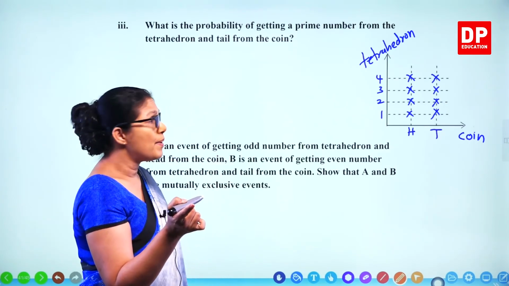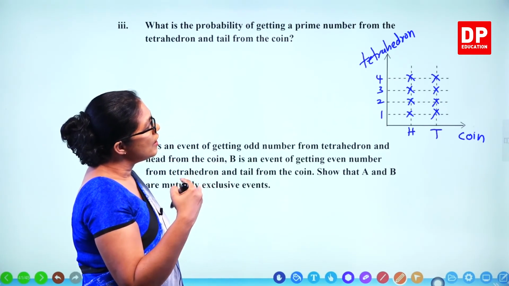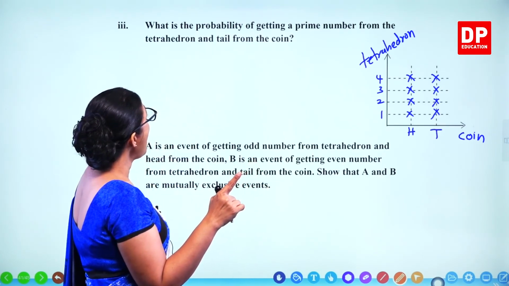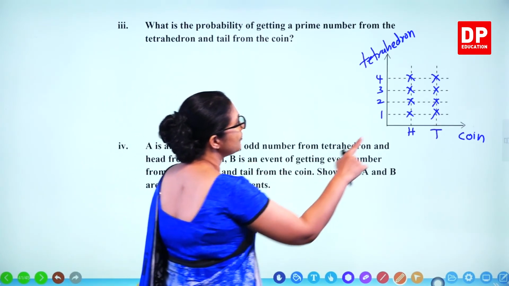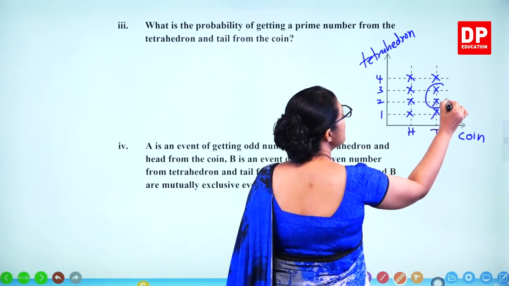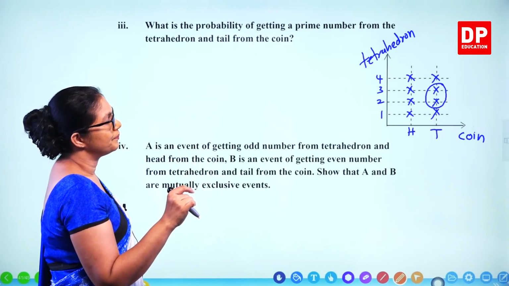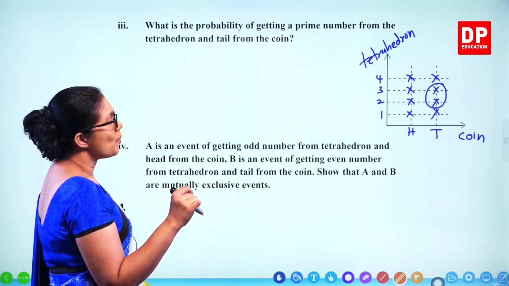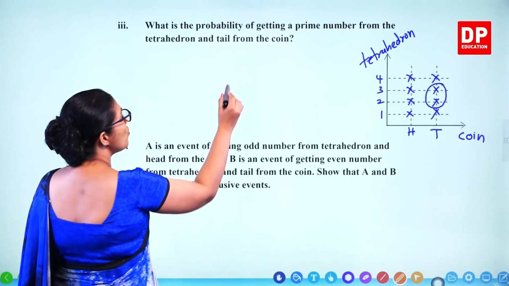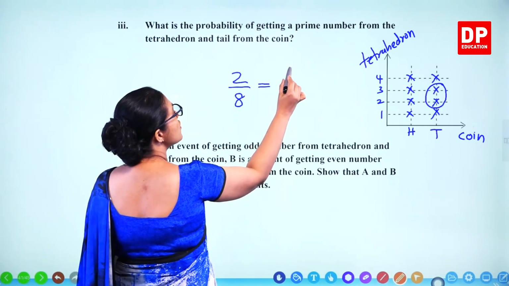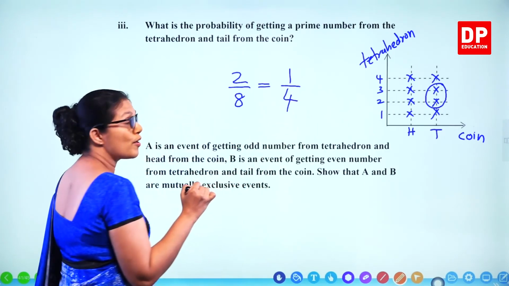What are the prime numbers between 1 to 4? 2 and 3. Prime numbers and tail. Only 2 possibilities are there. Tail 2 or tail 3. So what's the probability? 2 outcomes out of 8. When you simplify, you get 1 over 4.